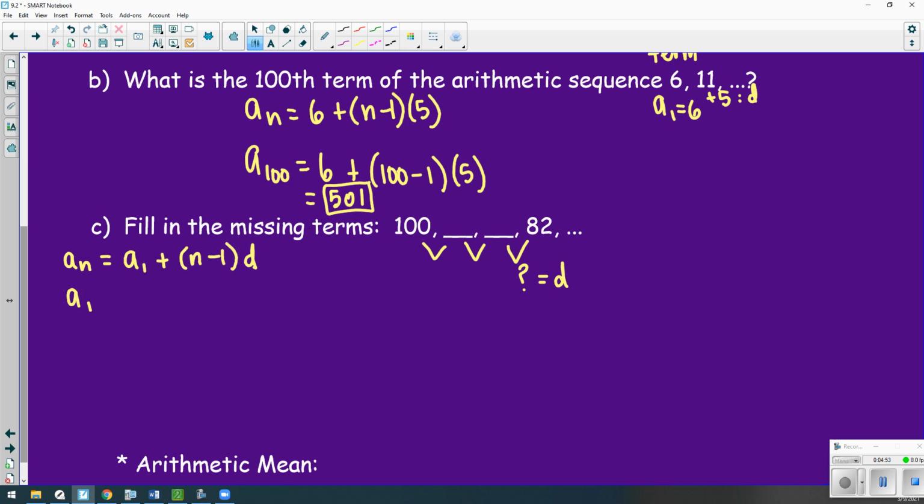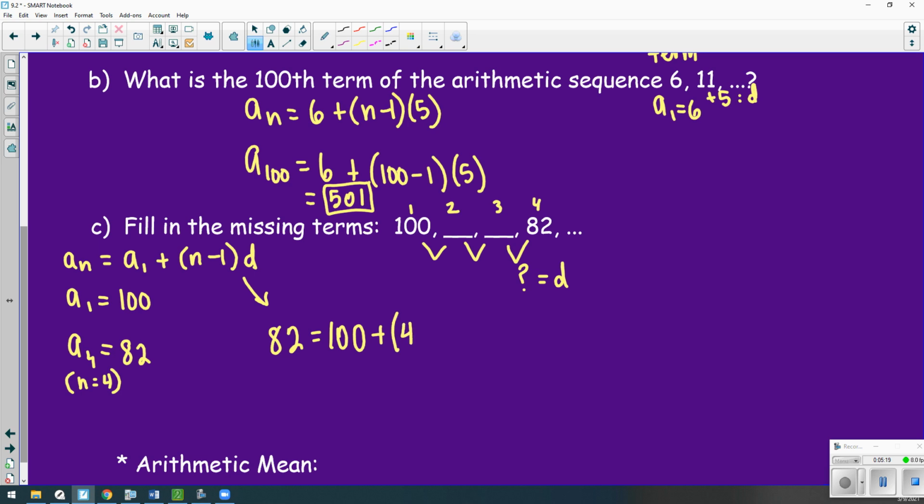Something else I know is that the first term is 100. And I know that this would be the first, second, third, fourth term. So a sub 4 is equal to 82. And then if I fill in what I know here, n is equal to 4, I could say that 82 is equal to 100 plus 4 minus 1 times d.